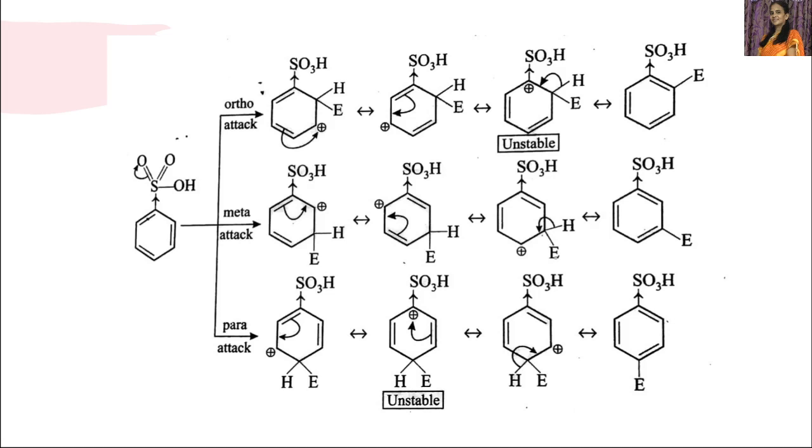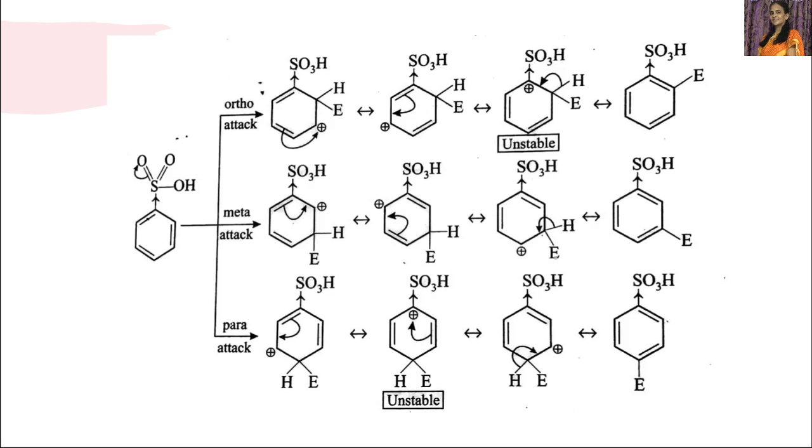Similarly, at para position also, we can observe this structure where the carbon to which the SO3H group is attached is bearing the positive charge. Therefore, this is not the favored path for the second electrophilic substitution whenever the SO3H group is present as a first substituent on the benzene ring.